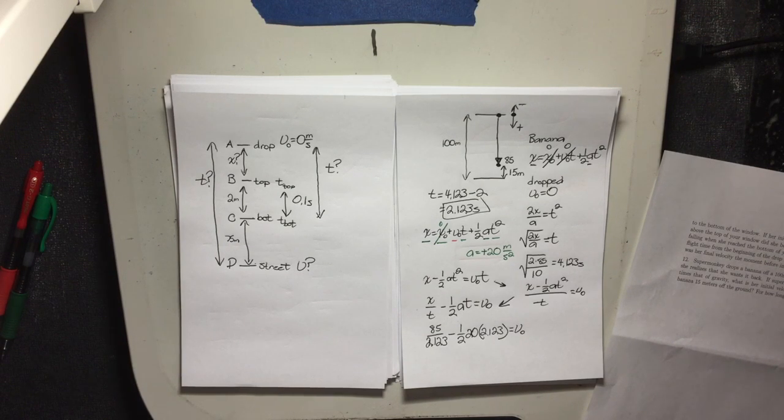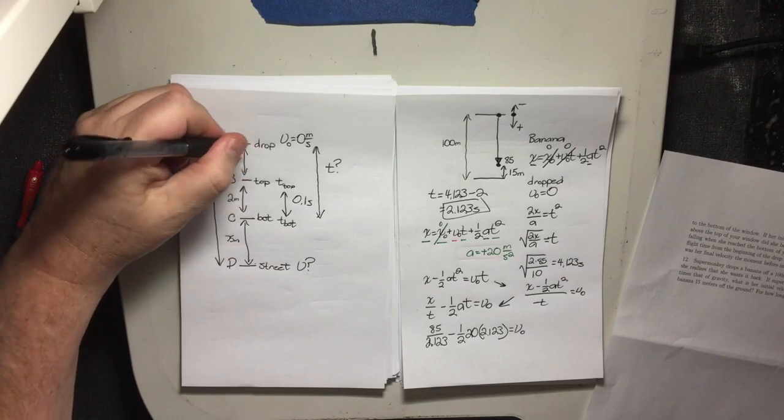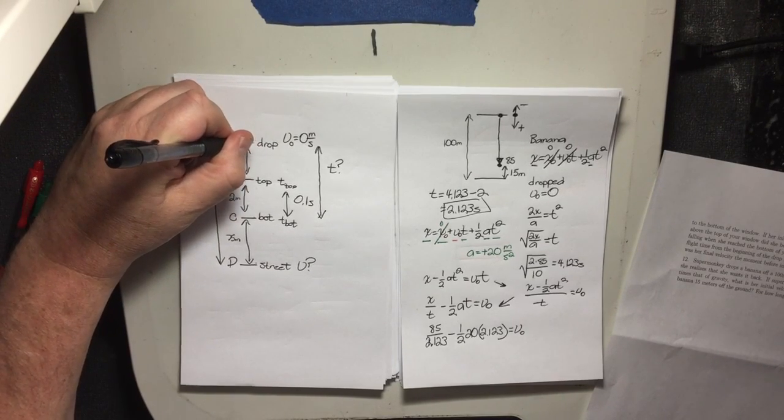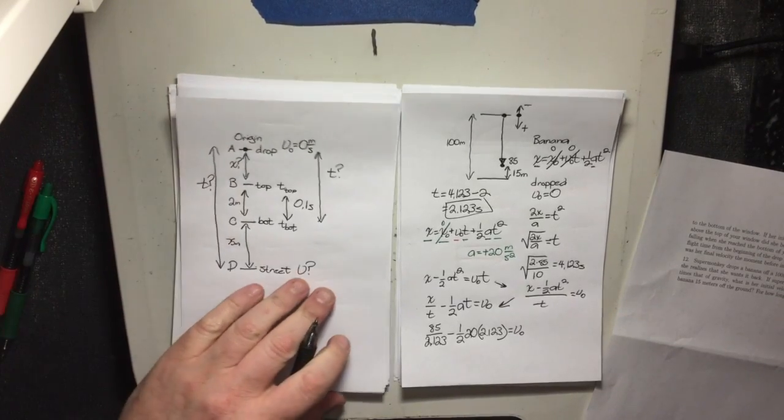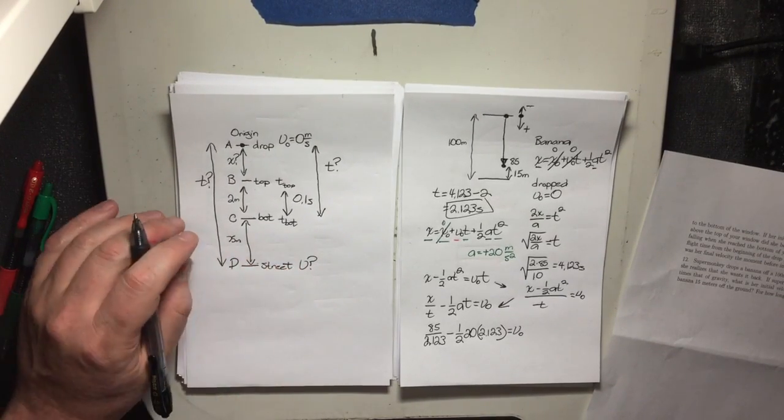Everything is down. Gravity is down. Her motion is down. So what we're going to do is set the origin to be at the top of the building.